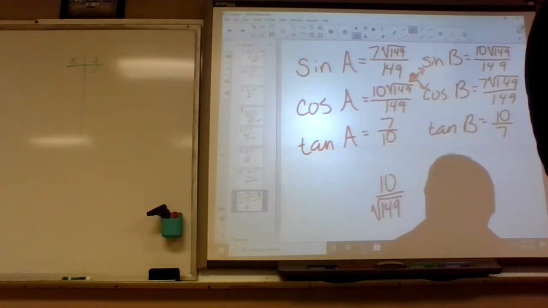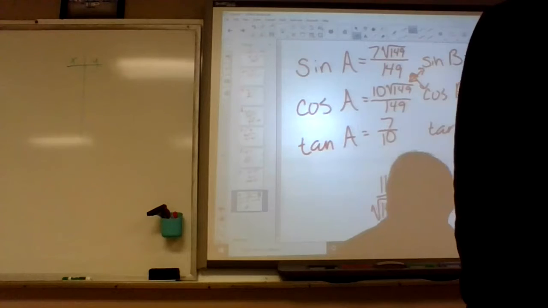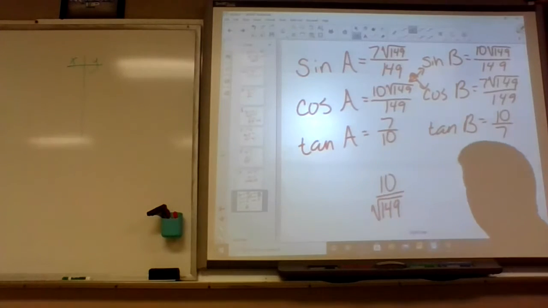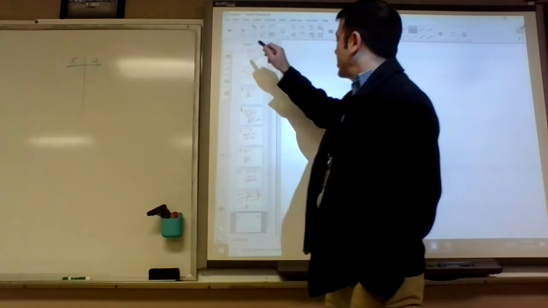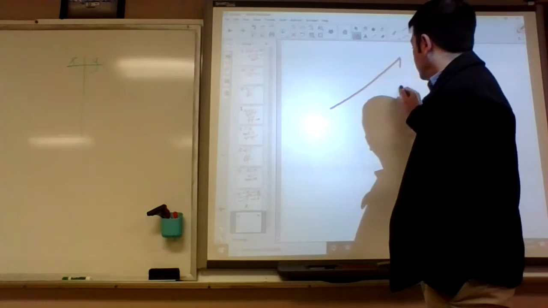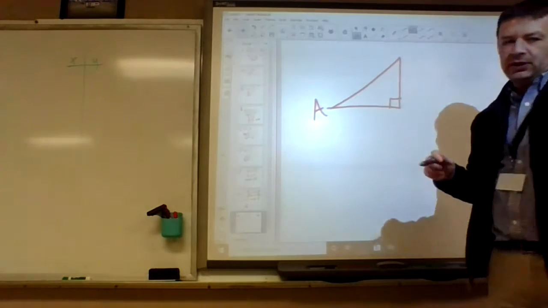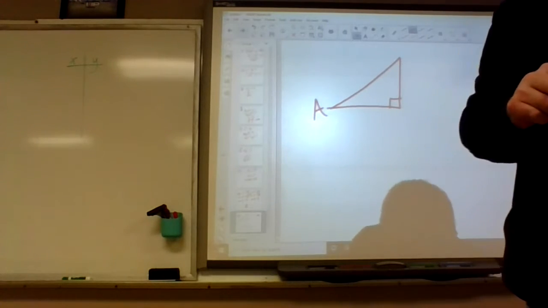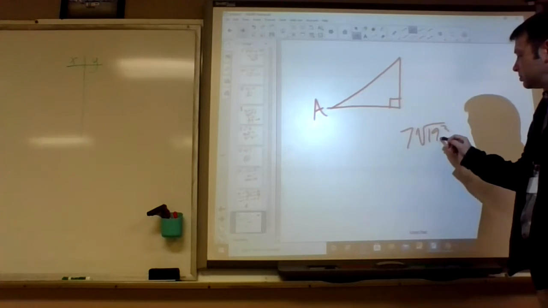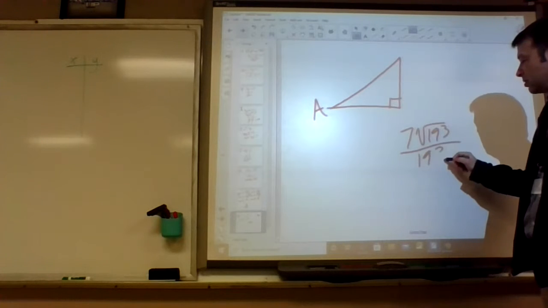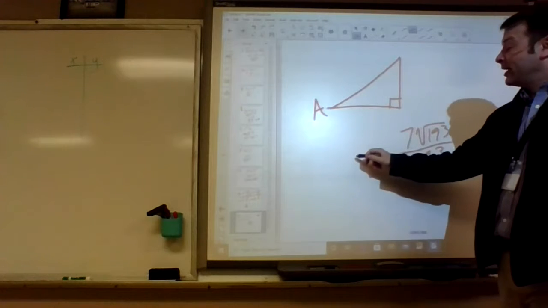Number 3. Find the other two trig ratios for angle A if cosine of A is 7 over square root of 193, over 193. Kind of like our answers we just had. We kind of did some of this yesterday. If this is angle A, that was cosine of the angle.